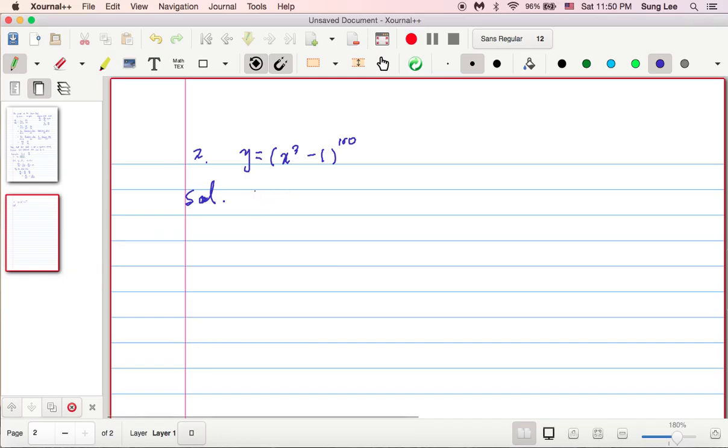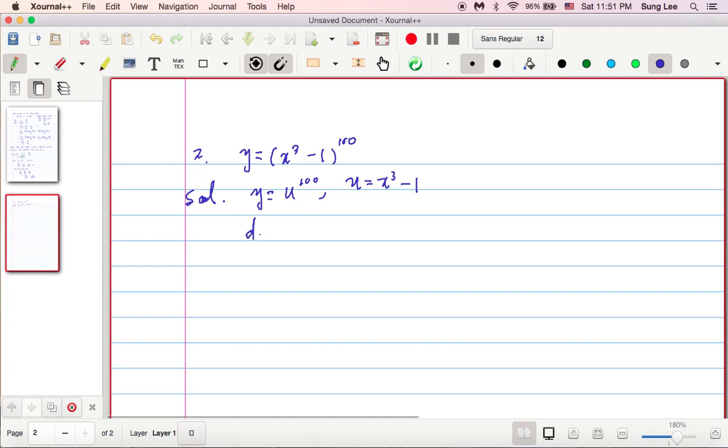In fact, the given function can be written as u to the power 100, and u equals x cubed minus 1. In fact, the given function y is a composite function of these two functions.